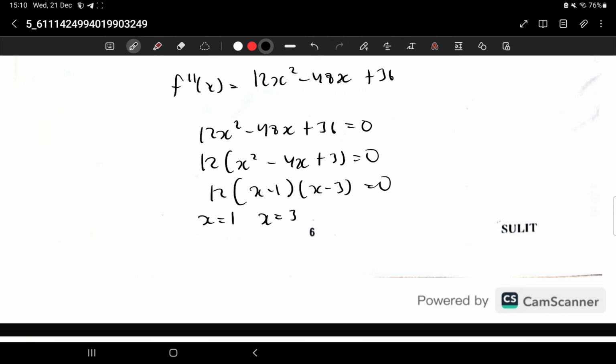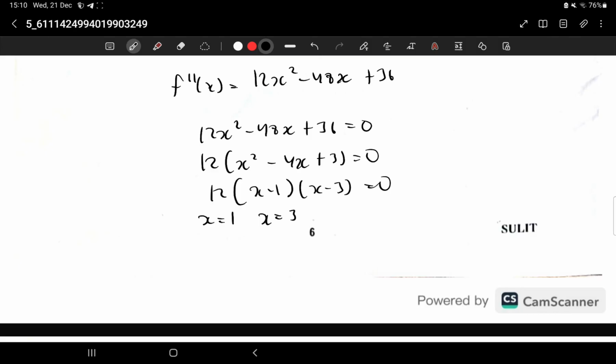But honestly, I have to check for x minus 1. Just give me a moment. At 3 it changes, but at 1, I'm not sure why it changed at that point.